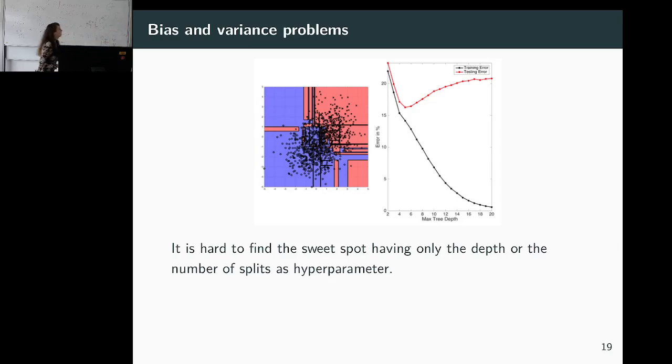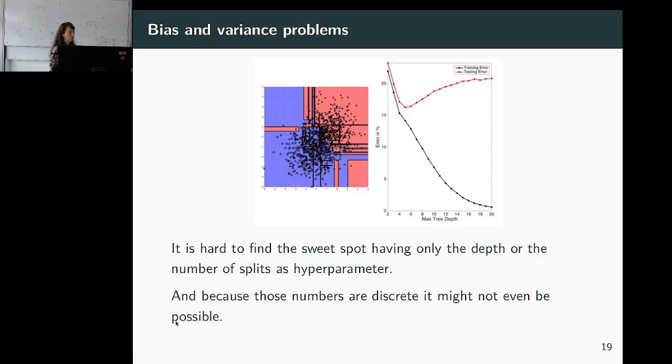So this is basically a bias-variance problem. If we are too low on depth, we have high bias, and if too far, we have high variance, but we cannot really control both more than just varying this. And this is basically a problem of decision trees.